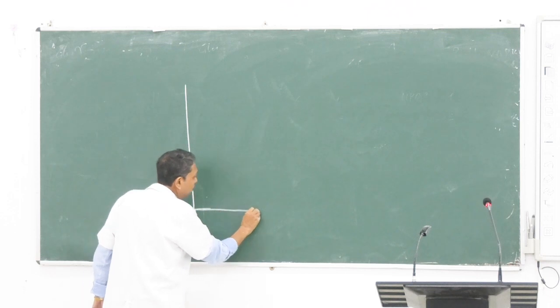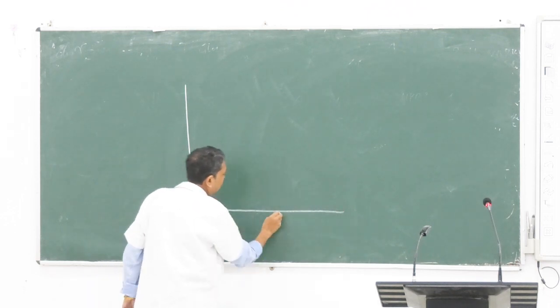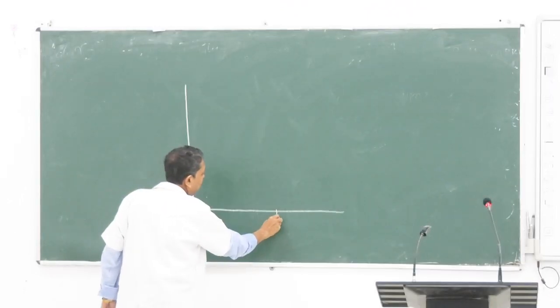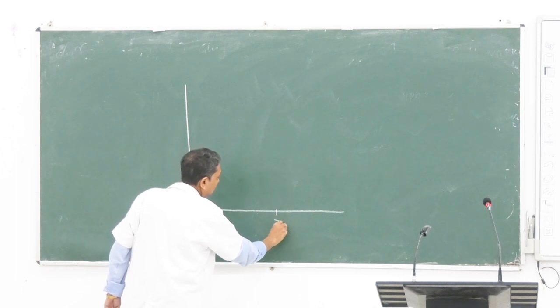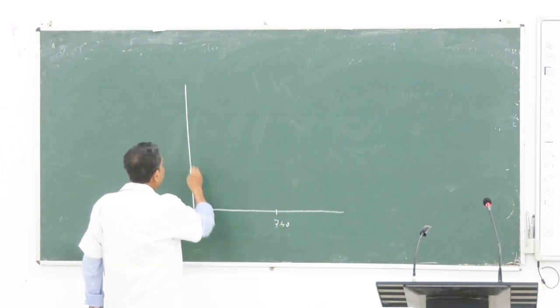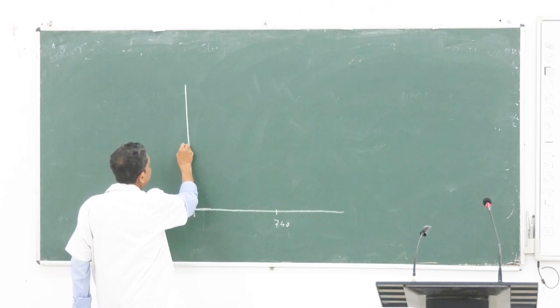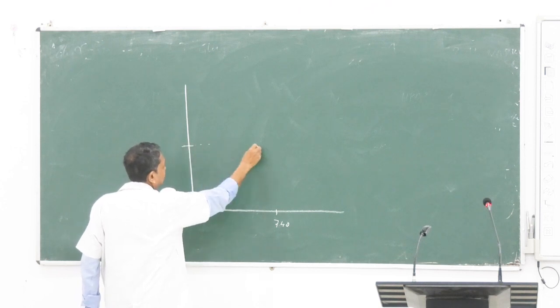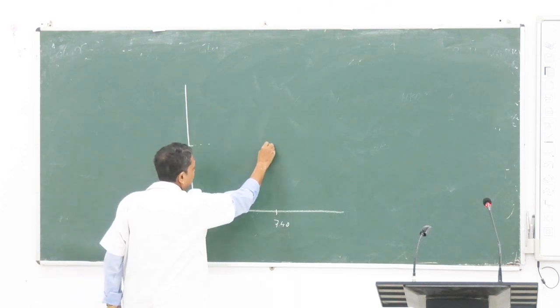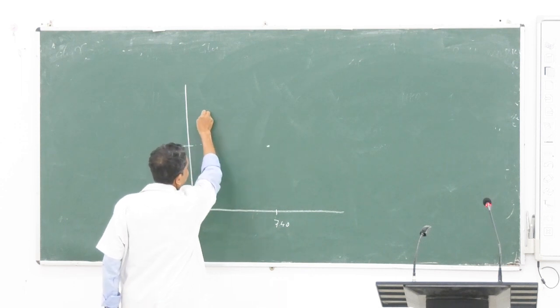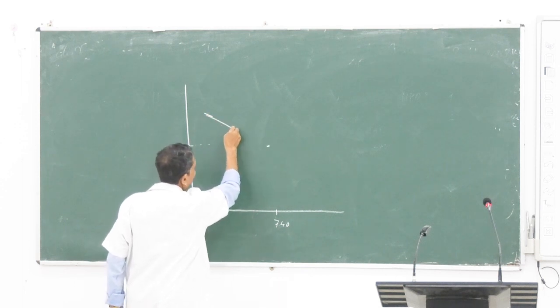Hemoglobin and HbO2. Suppose at this point the pH is 7.40. And you take an intermediate point, it corresponds to this value, and almost a straight line is drawn.